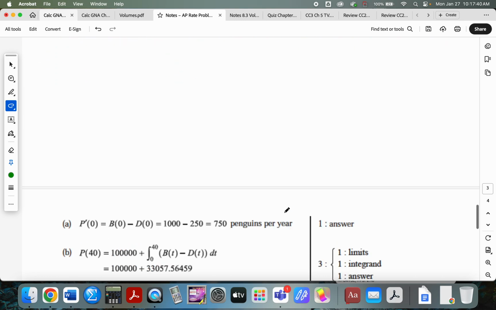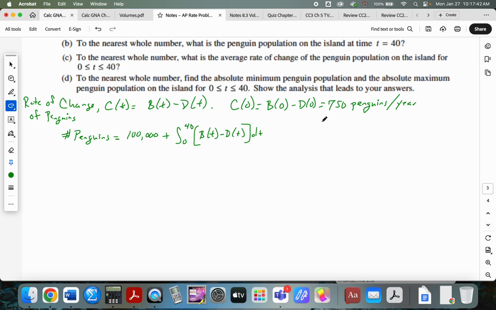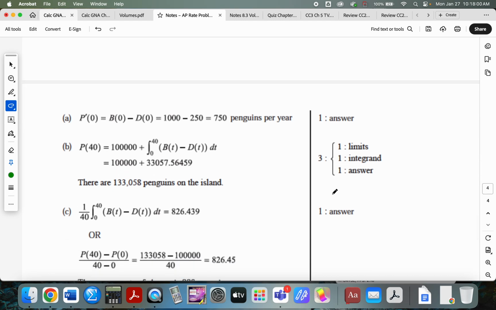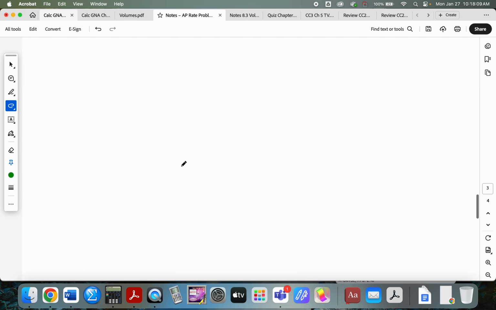Yeah, 133,058. And if you'll notice on the rubric, they're looking for the limits, the integrand, and the answer, and that's it. I mean, this is a calculator active problem.